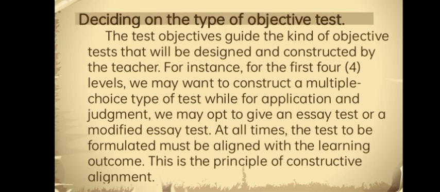For example, for the first 4 levels, we may want to construct a multiple choice type of test while for application and judgment, then we may opt to give an essay test or modified essay test. At all times, the test to be formulated must be aligned with the learning outcomes. So this is the principle of constructive alignment.